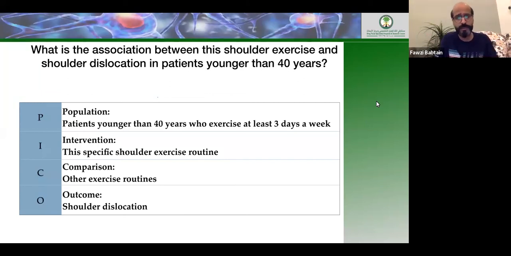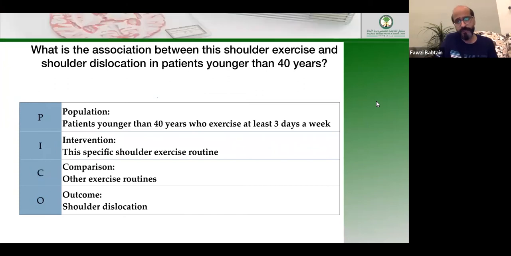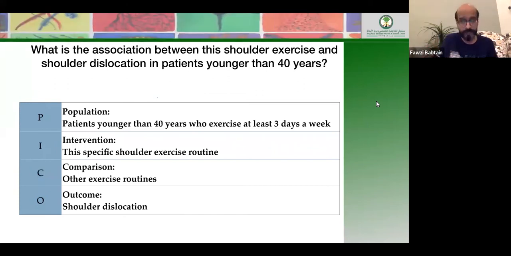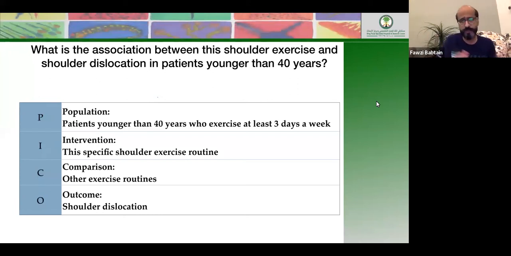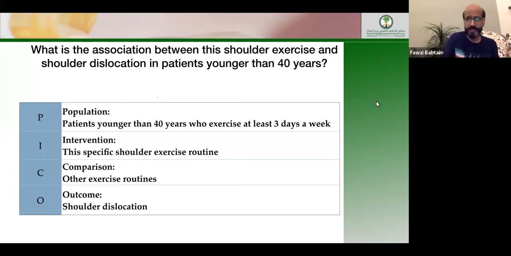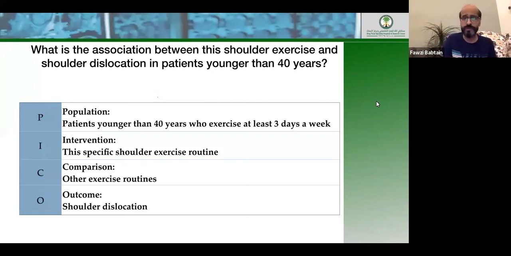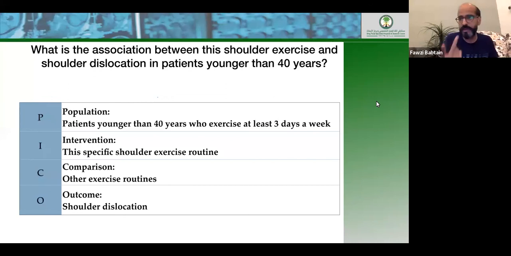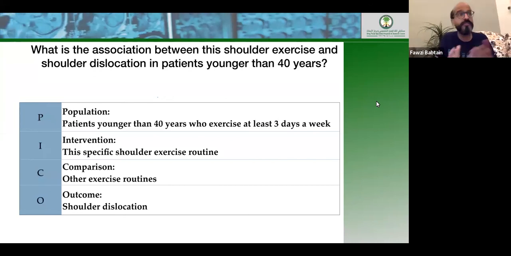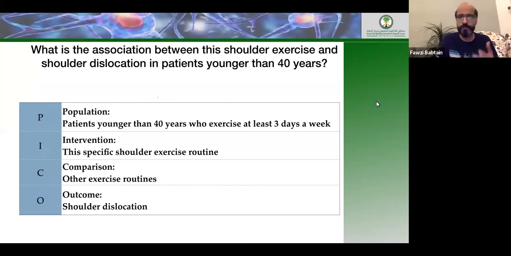So this is my PICO. The population are patients younger than 40 years of age who exercise at least 3 days a week. I have to really go more specific. And this is my assumption. This is a way to really pick my population. ما أبغى واحد عملها once in his life وأقول إنه this is included. Unfair. لأنه only had exposure once. It is different than those who really go to the gym more frequently.